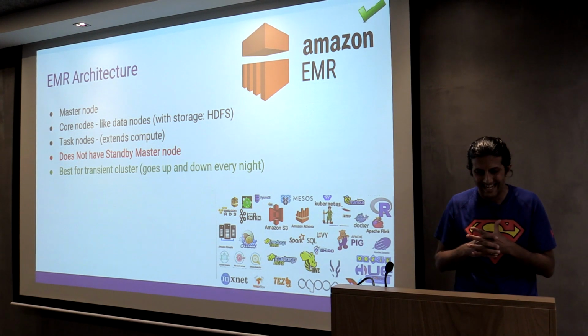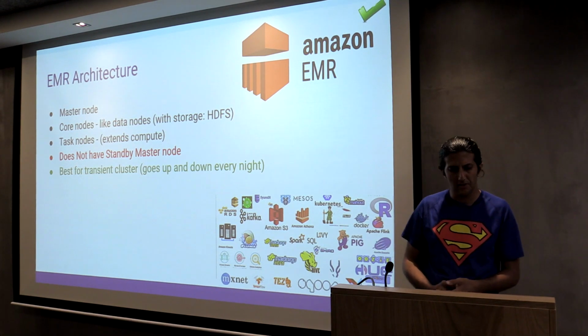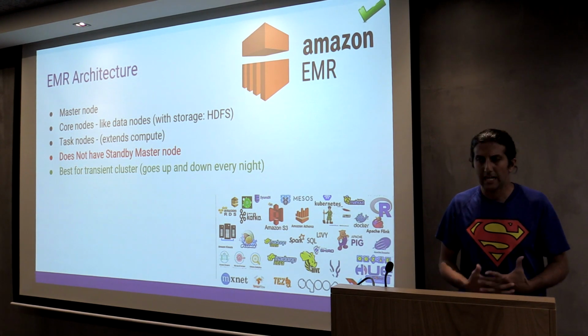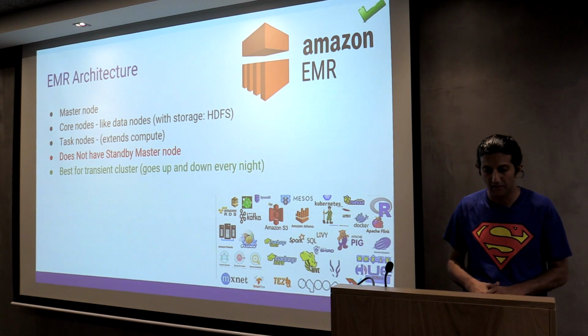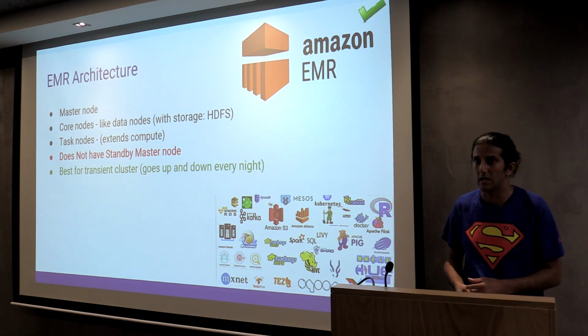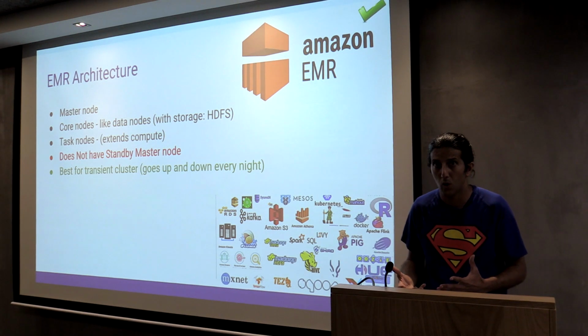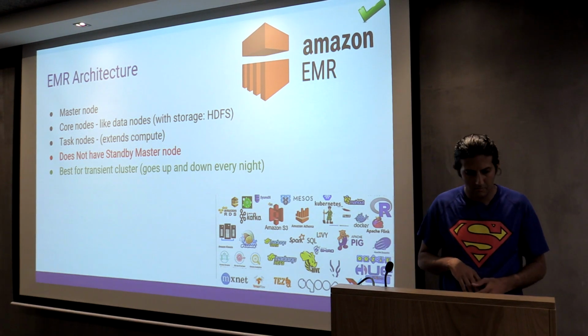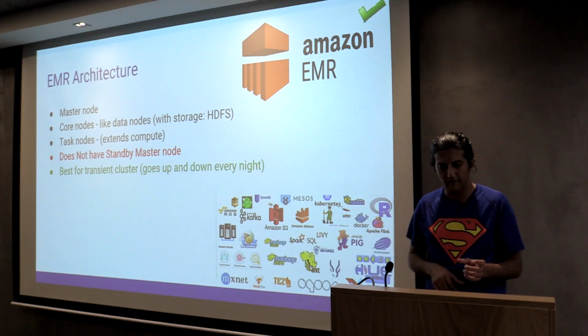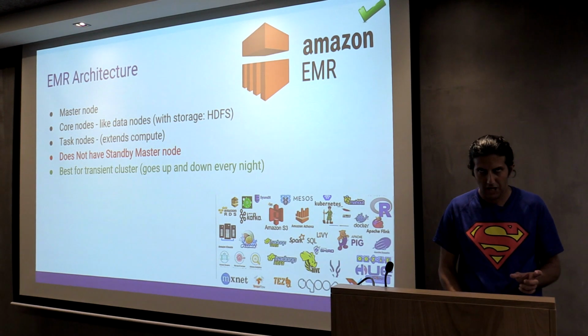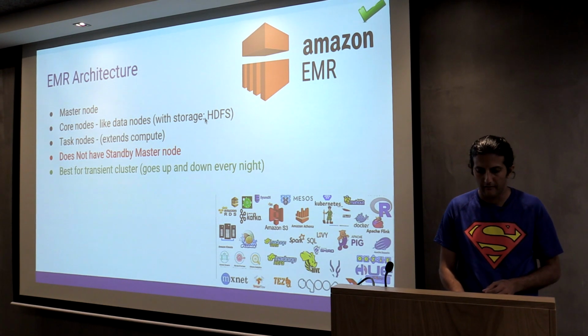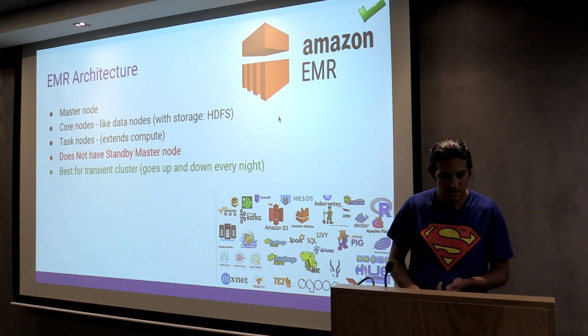So let's talk a little bit about the EMR architecture. It's like the Hadoop distribution, it has a master node that saves only the metadata of the files, and the files themselves are kept on the core nodes, which have both the compute, the CPU, and the storage, which is distributed, i.e. HDFS, Hadoop file system.